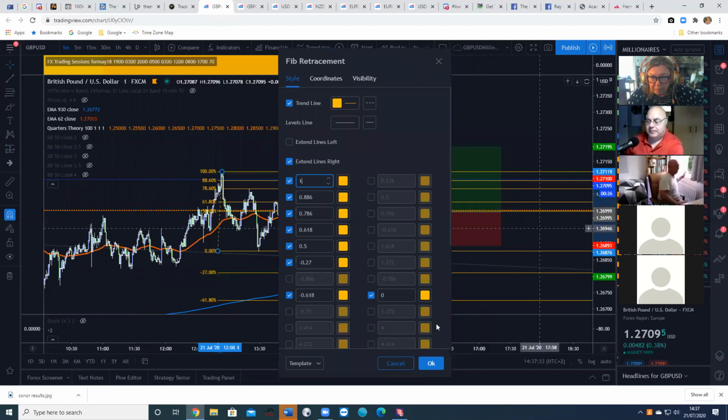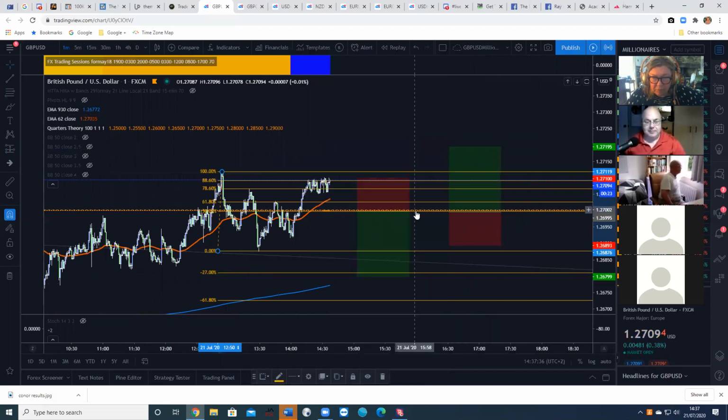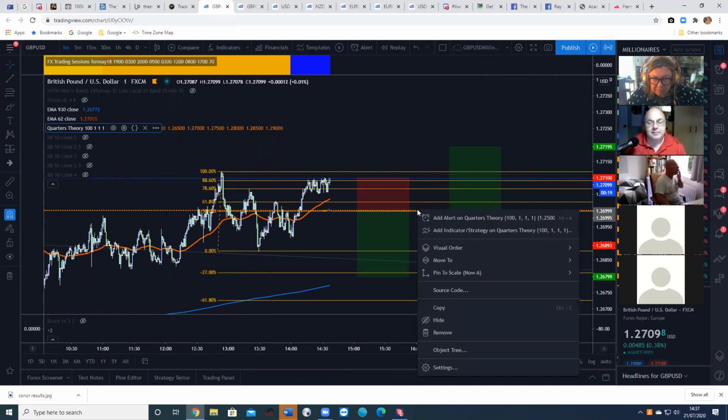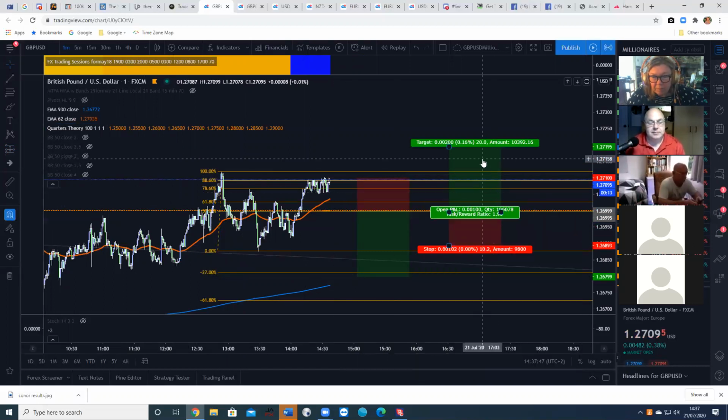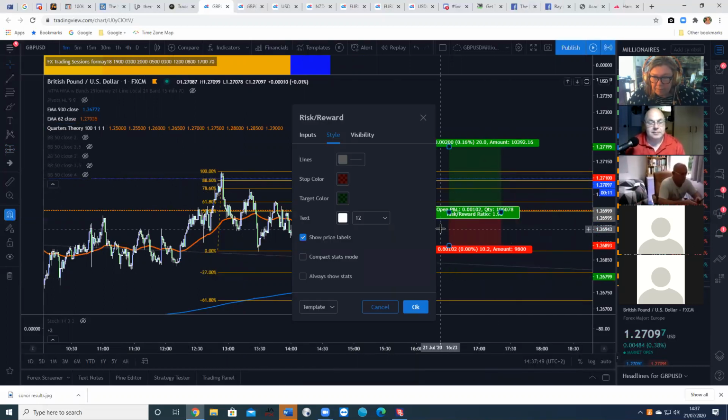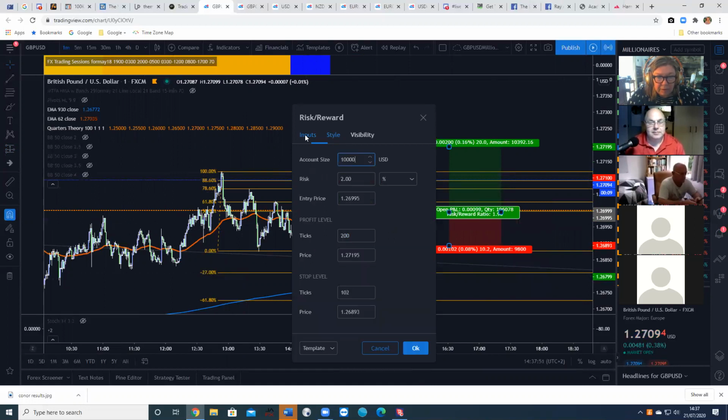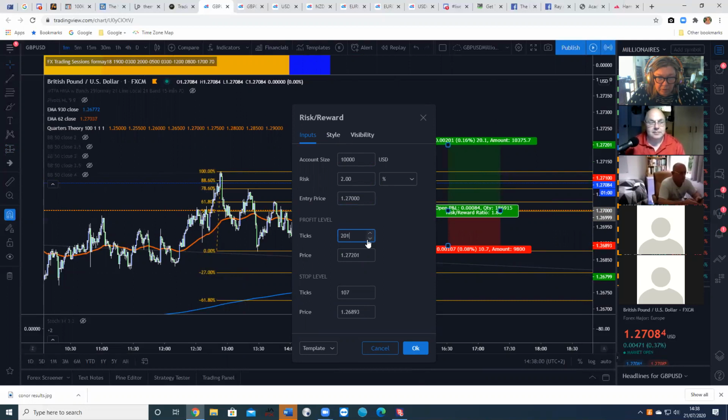Oops, that's picked up the wrong one. I was just trying to sort out my, look at that there. 1.27, which is the quarter theory.